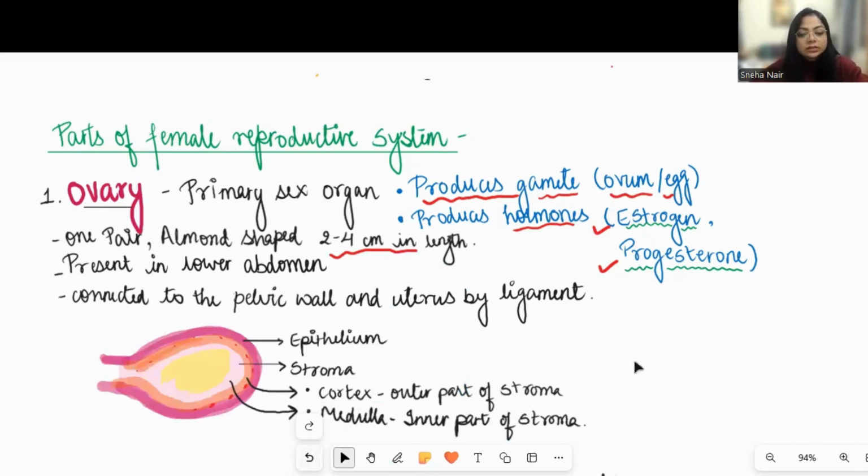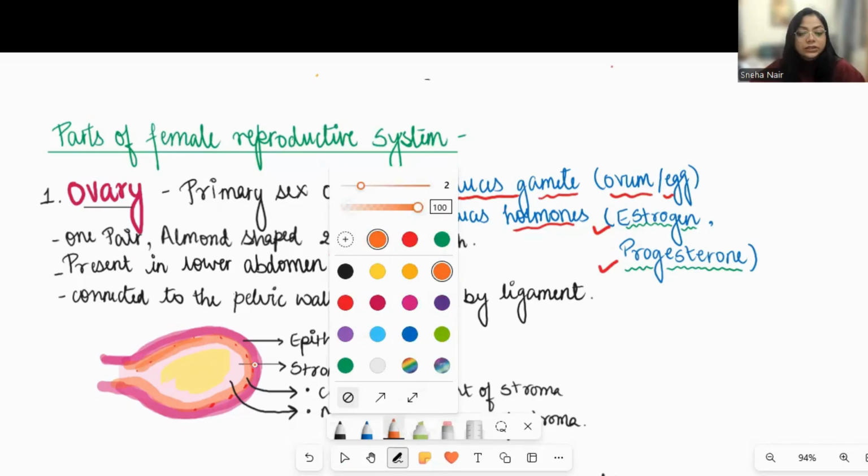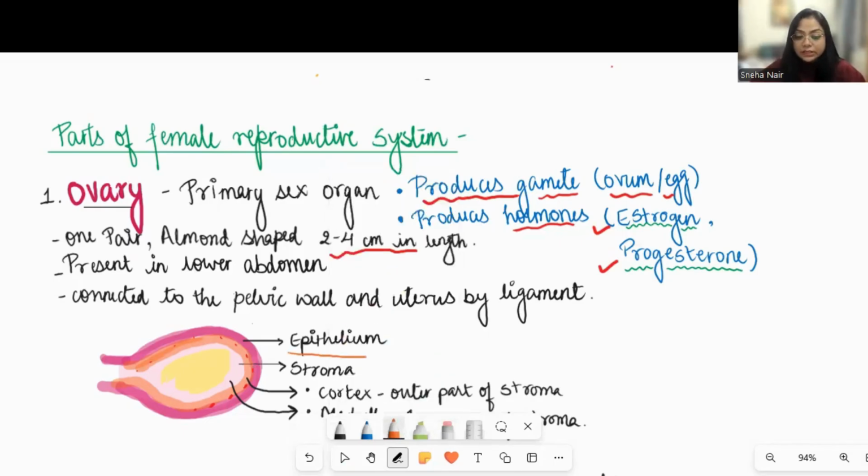Now, this is the diagram of an ovary. As you can see, there is an outermost thin membrane called the epithelium. It is a protective layer made up of connective tissues, and inside there is the stroma.